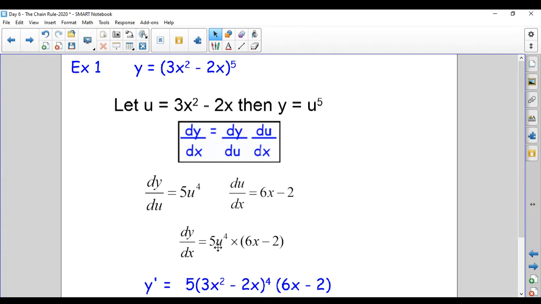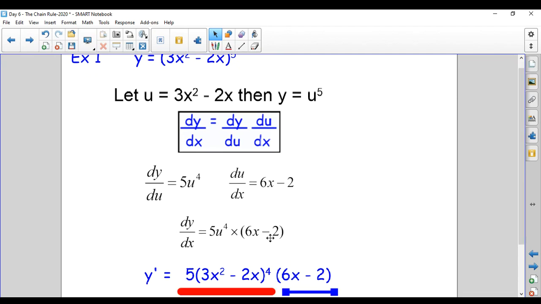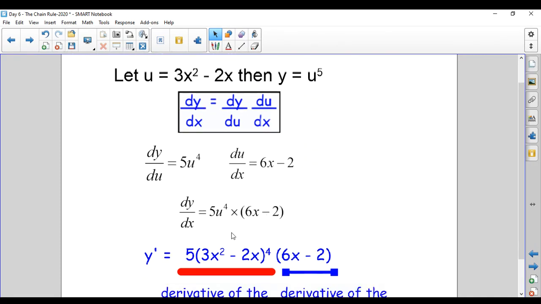So I'm taking my 5u^4, which is the dy du, and multiplying that by my du dx, which is 6x minus 2, these two things here. And this should be my dy dx. Now, you might be wondering, well, this function seems to have a u in it. Well, we know what u is. We had that u was equal to 3x squared minus 2x. So we can replace that down here. And now we have a function that is strictly between x and y.